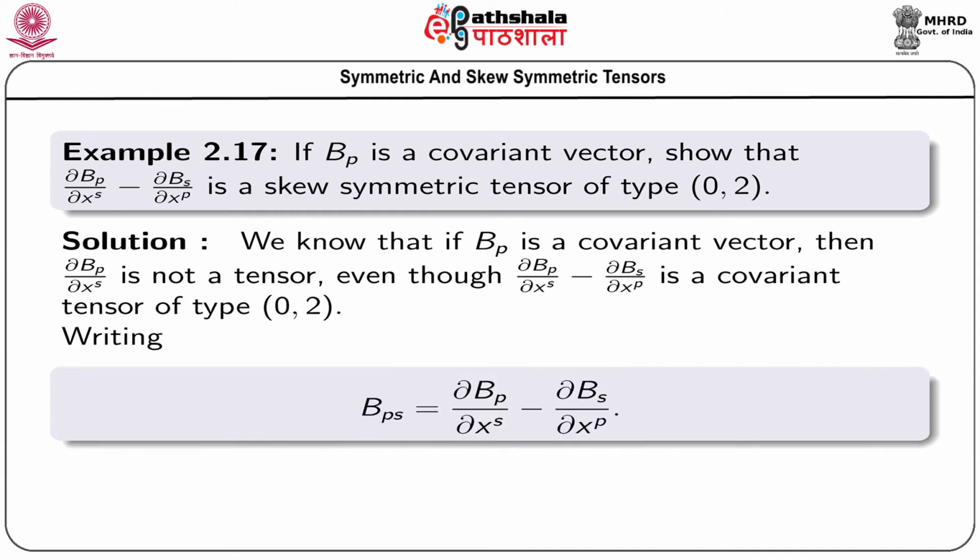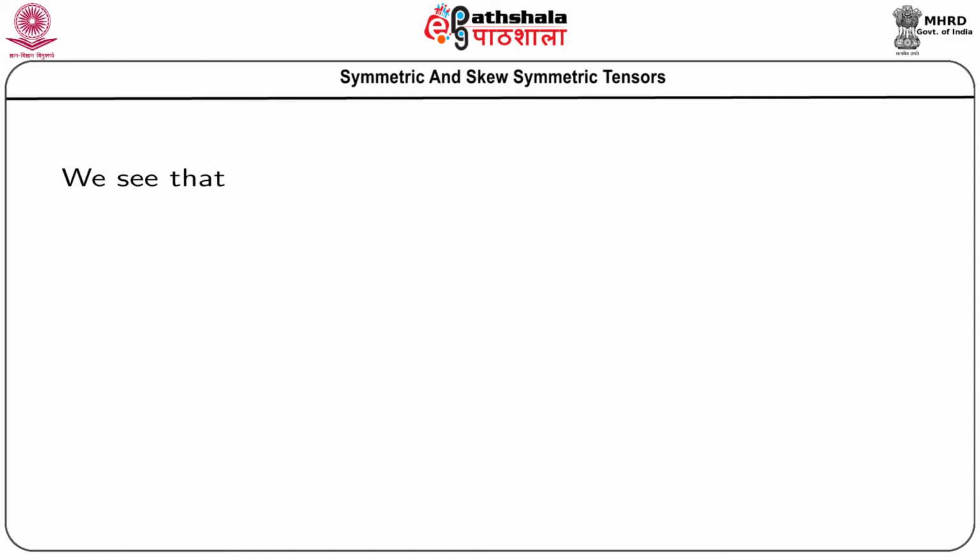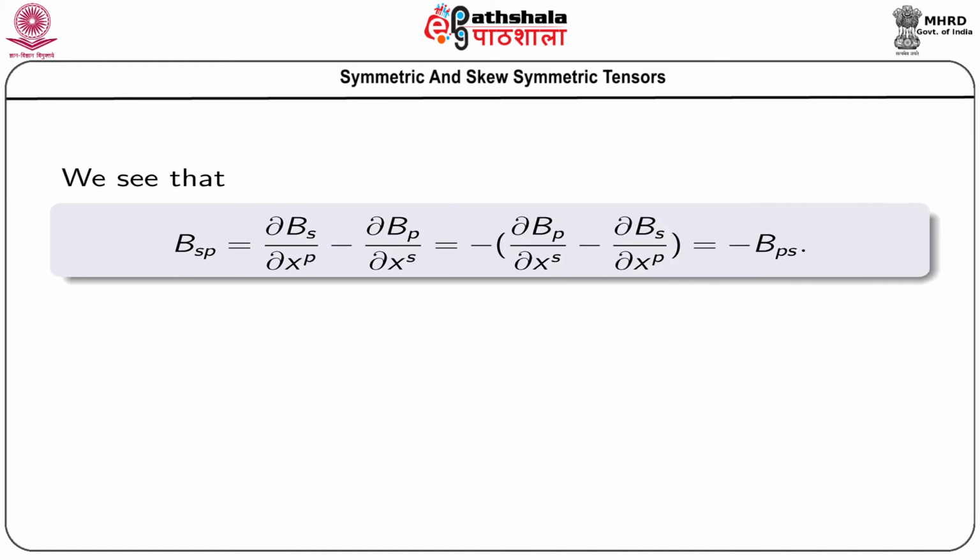Now, writing this expression del Bp del Xs minus del Bs del Xp as Bps, we see that Bsp equals del Bs del Xp minus del Bp del Xs, which is a minus of (del Bp del Xs minus del Bs del Xp), that is equal to minus Bps.